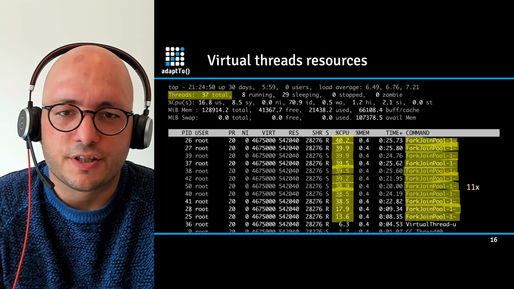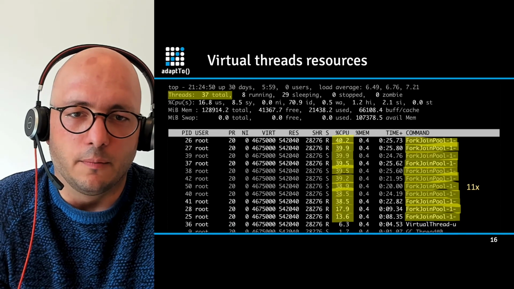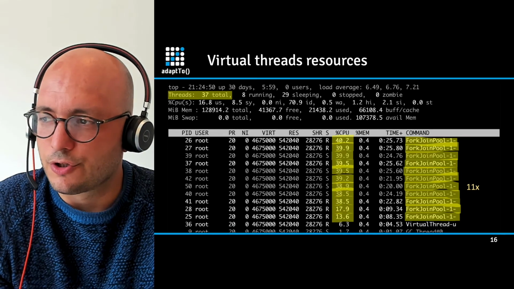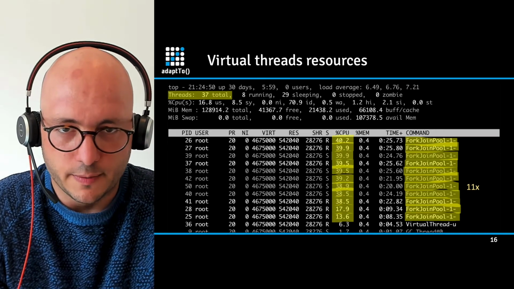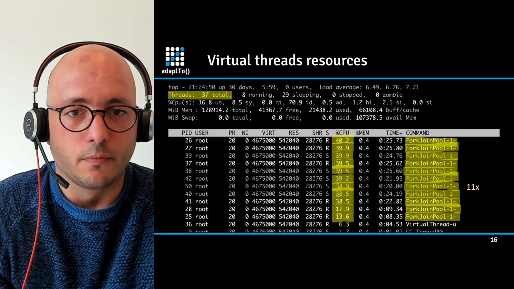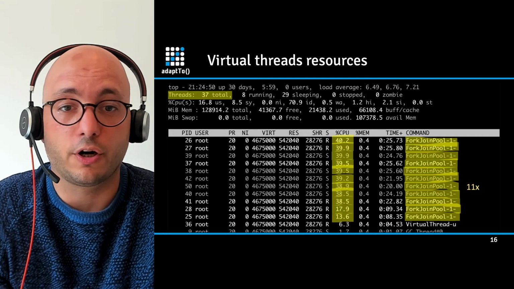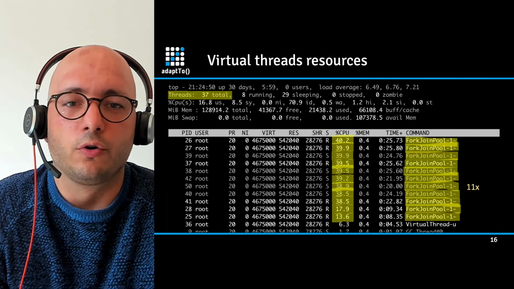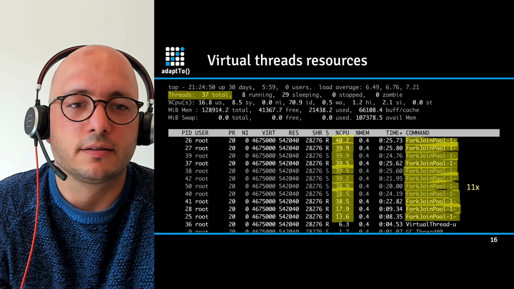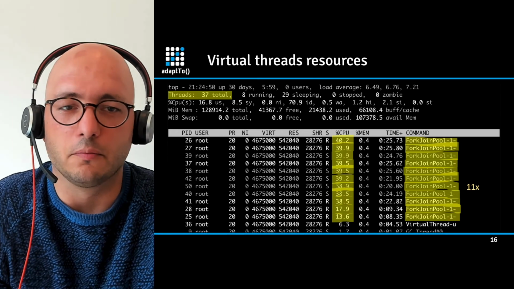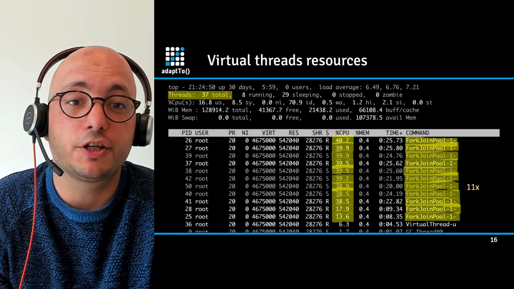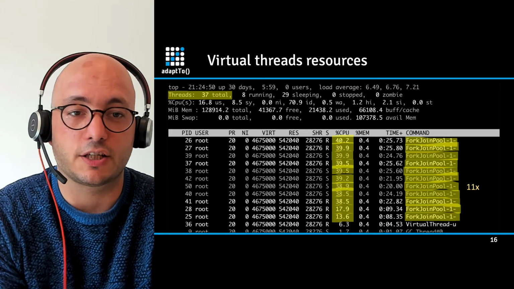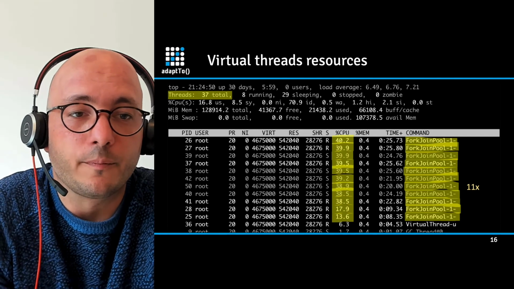The picture is quite different when we look at the resources used by the server configured with virtual threads. For the same workload, with only 11 kernel threads, we can handle the same workload. And the CPU usage for each of those 11 threads is much higher than before.